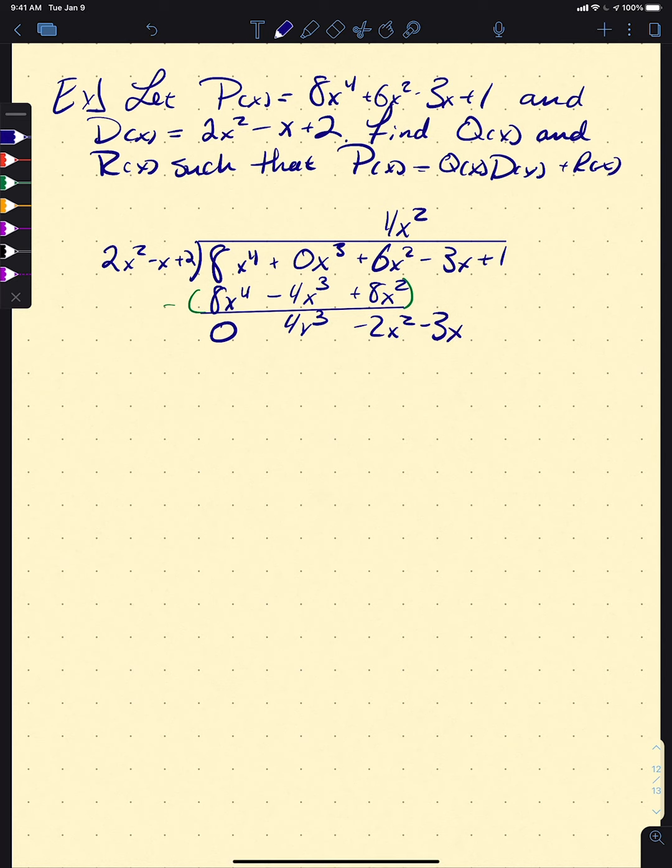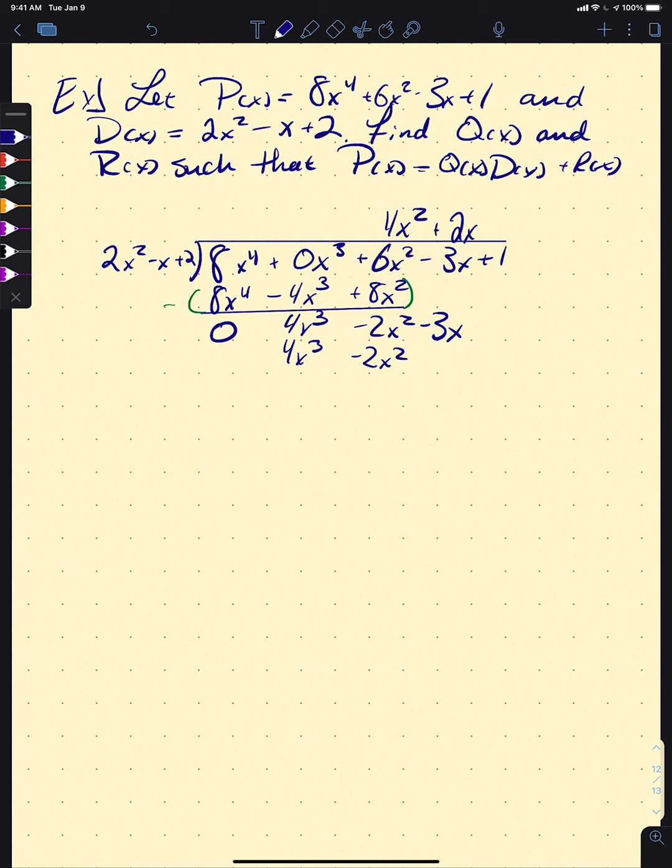What should I multiply this guy by in order to get a 4x cubed? Well, it would look to me like we would want a 2x there, okay? When I multiply this out, 2x times 2x squared is going to be 4x cubed. 2x times minus x is going to be minus 2x squared.